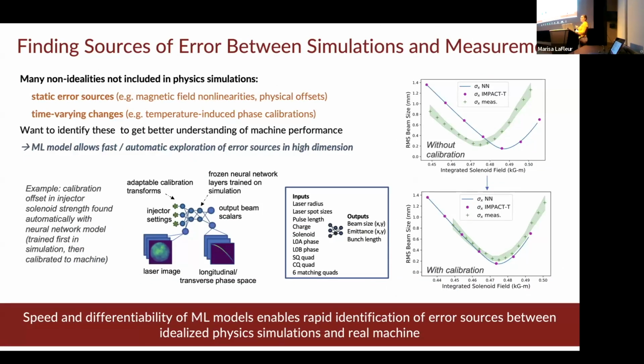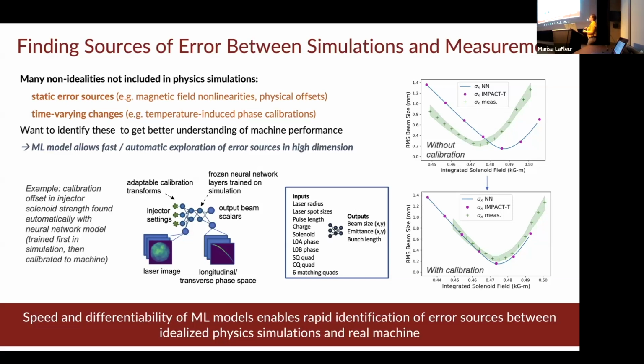So I mentioned a little bit earlier about this process of what we call model calibration, trying to go from the simulation to matching the real machine behavior with greater accuracy. And one of the ways that we've started doing this is just by leveraging the differentiability of ML models that are trained on physics simulations.